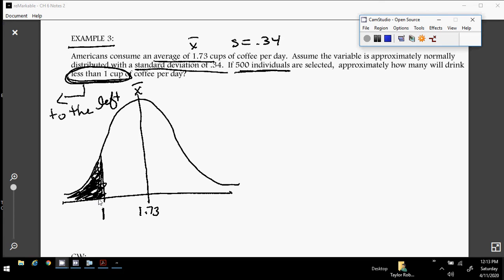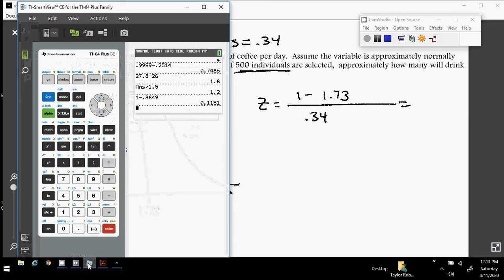Okay, so we need to find a z-score. So find your z. So we're going to do x minus x bar. Well, our x is 1, so we're going to do 1 minus 1.73 divided by s, which would be 0.34. So on our calculator, 1 minus 1.73 divided by 0.34.